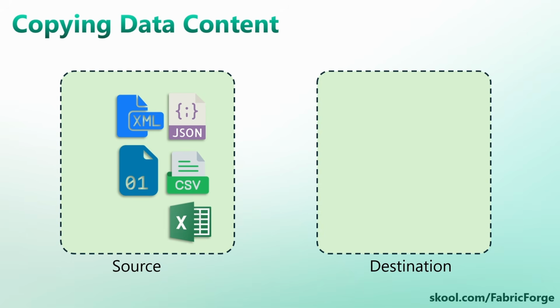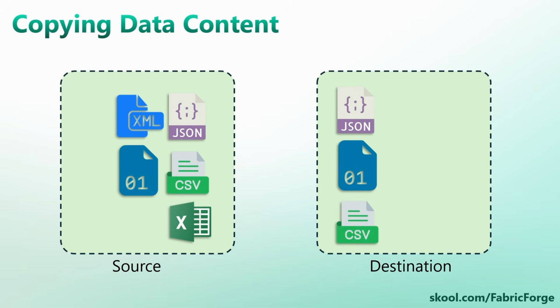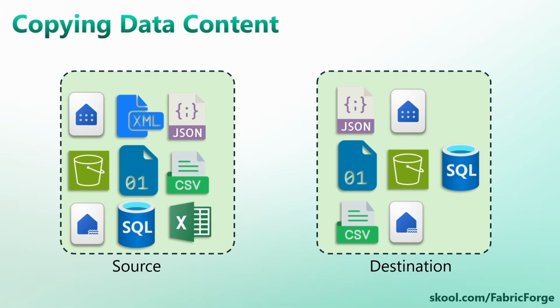For the destination side, some of the same file types are supported, but now the selection is narrowed a bit, since copy data doesn't support writing data to some file types that are available on the source side, like XML and Excel files. Also, when we expand our sources and destinations from files to Fabric data stores and external systems and data stores, we get even more possibilities to use this copy data activity.